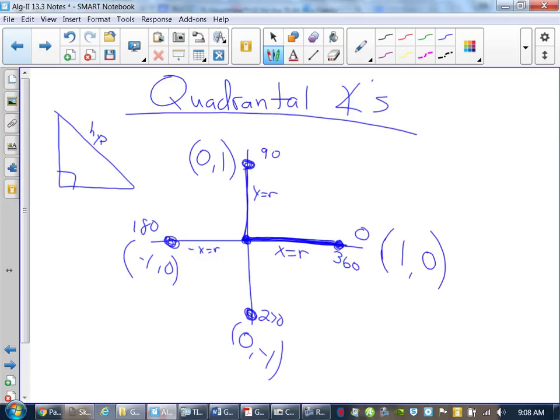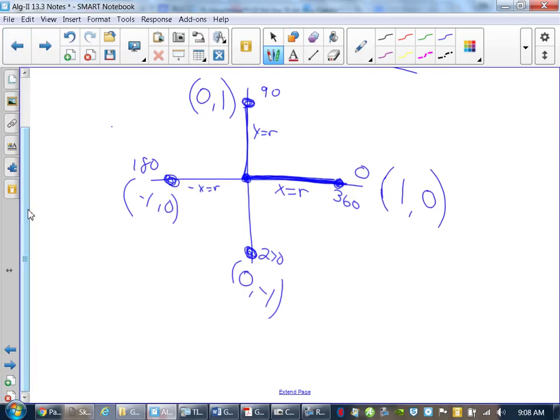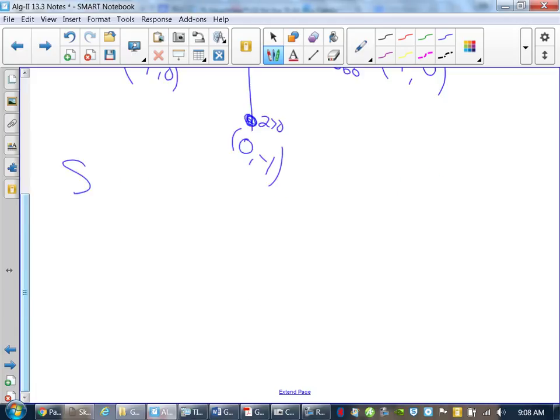So that means you can list out all of your sine, cosine, and tangents at 0. Oh, so we start with cosine first.